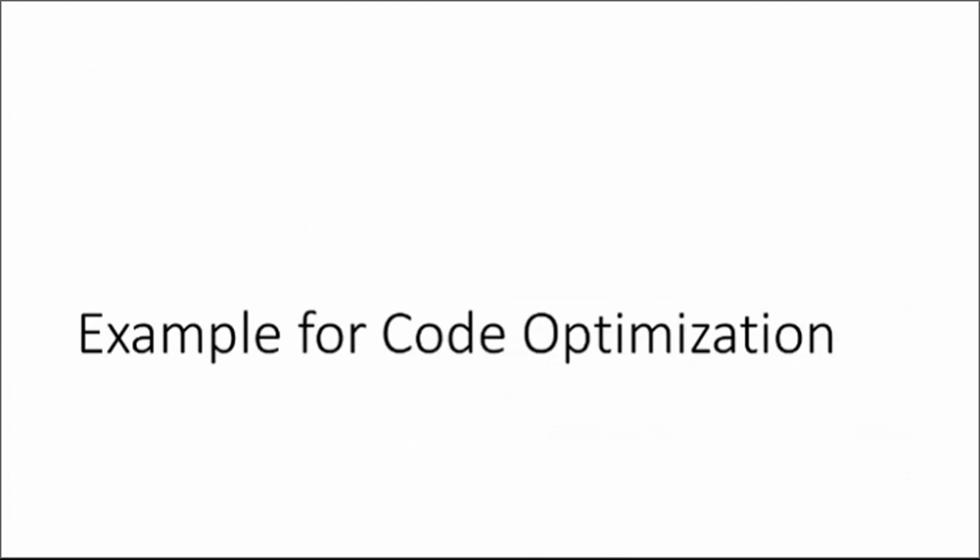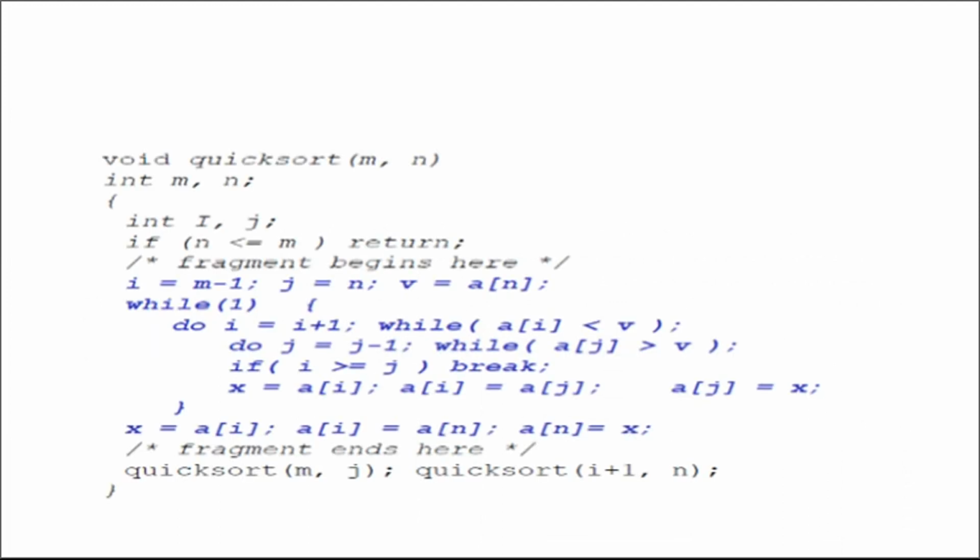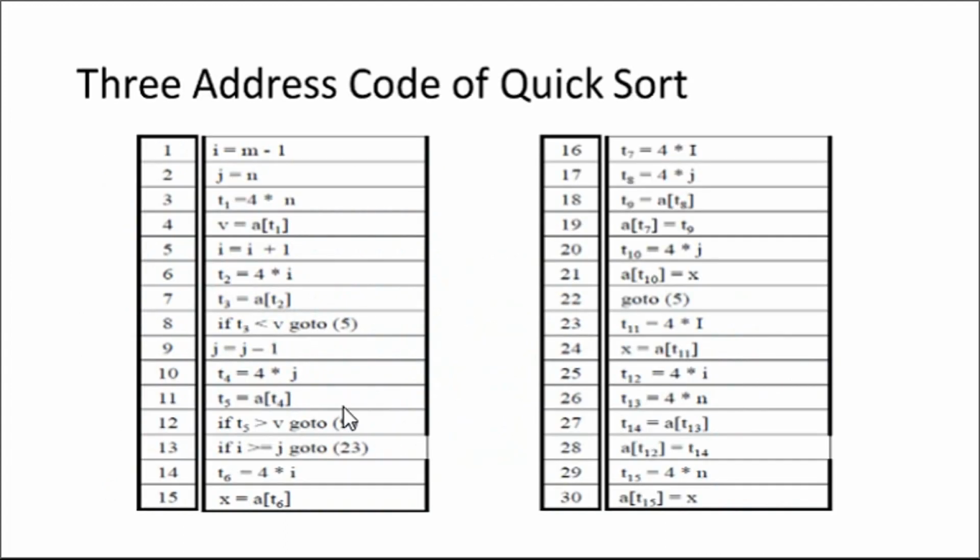Let me show an example of the code optimizer with the help of these basic blocks and flow graph. As everyone knows, we have the quicksort algorithm, and we know this quicksort algorithm very well. For this quicksort algorithm, we get this three address code. Quite interesting.